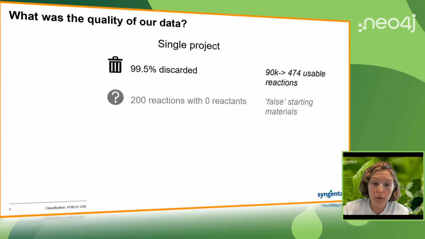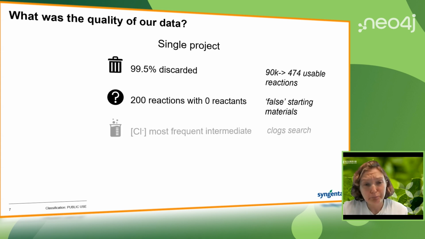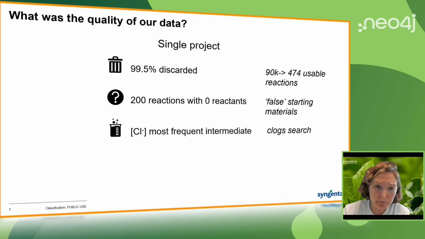Then I actually realized that we were sitting on a gold mine. There were 200 reactions which were creating products out of nothing. But unfortunately, it turned out to be a data artifact. And my biggest enemy is the ion of chlorine. If you run the analysis, what is the most frequent intermediate used in this project?